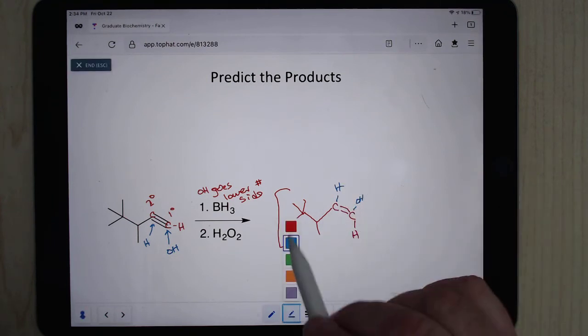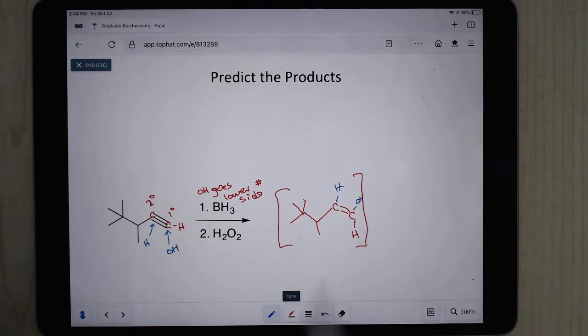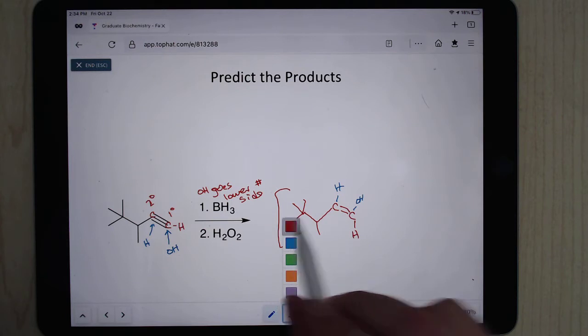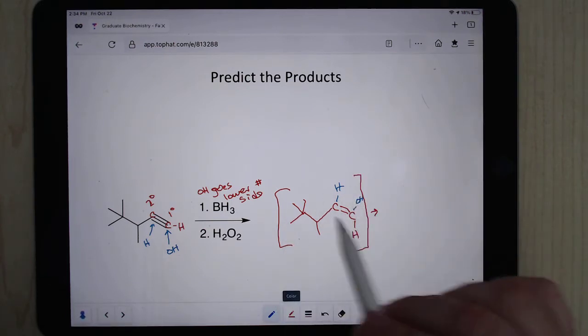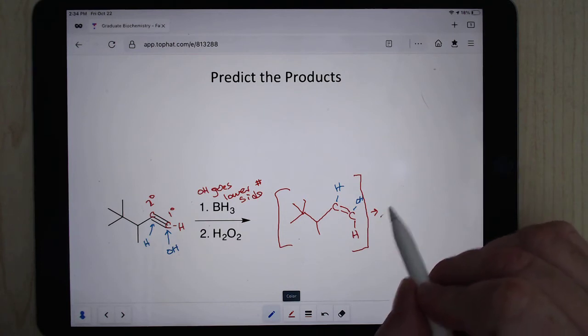But again, that's not stable. So what's going to happen is this is going to tautomerize to this.